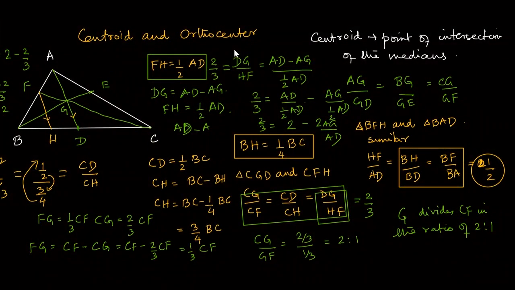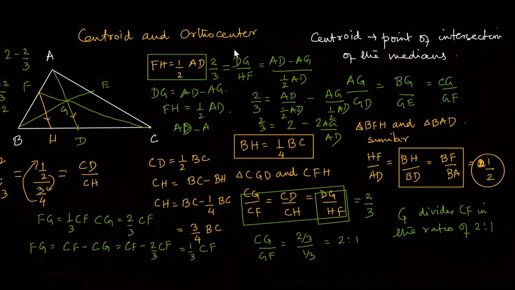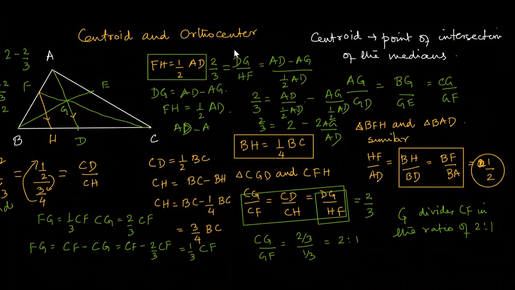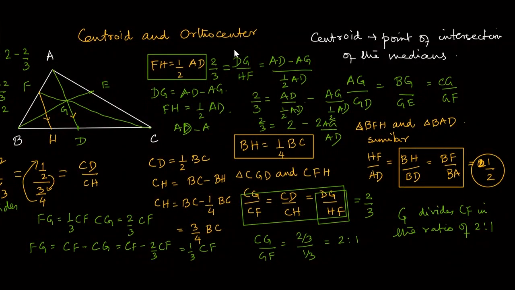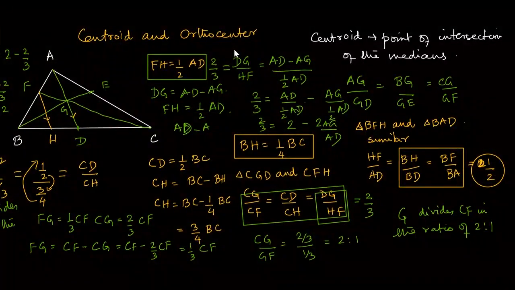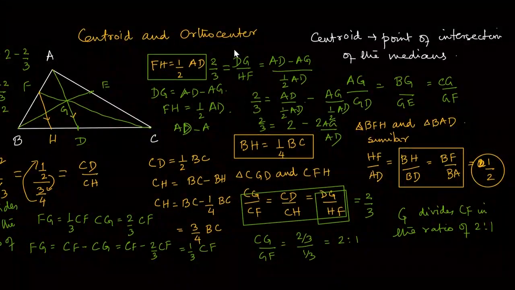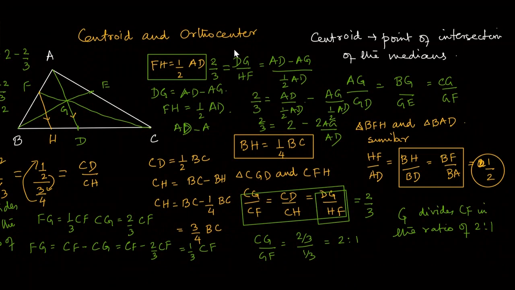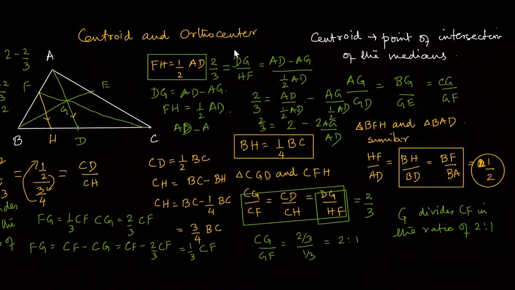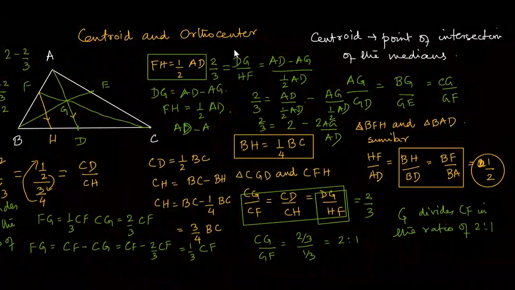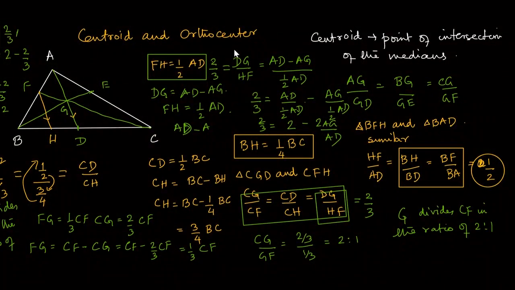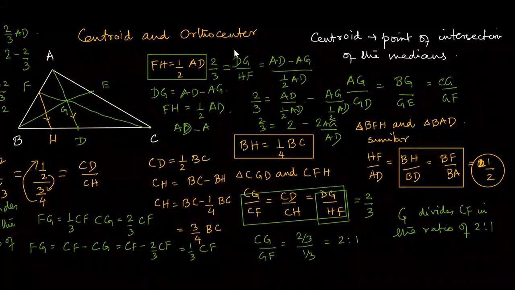So that means again G divides AD in the ratio of how much? AG is 2/3 of AD. This we found, right?